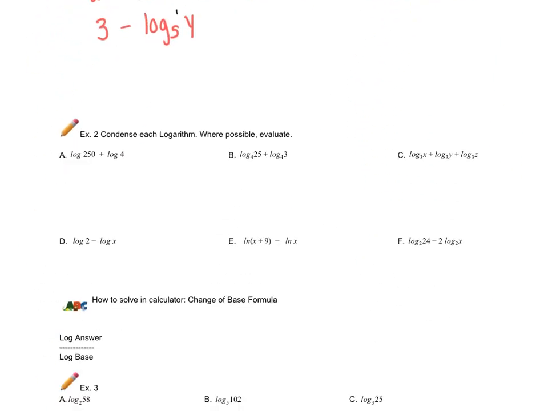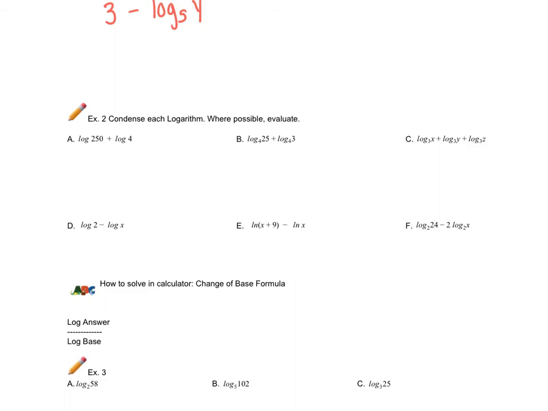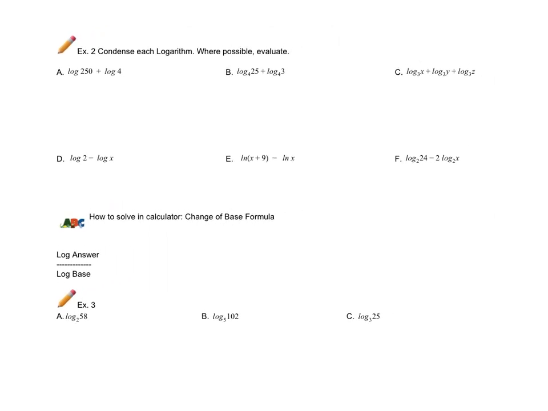All right, so the next thing we're going to do is condense. So we're going to go backwards now with this one. When we see a plus sign, we know that we condense it with multiplication. So this is going to be log 250 times 4. In our calculator, if we do 250 times 4, that's log 1,000.